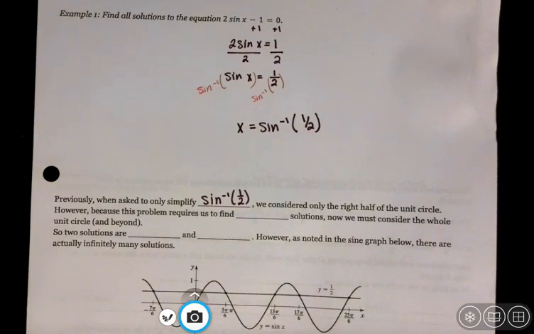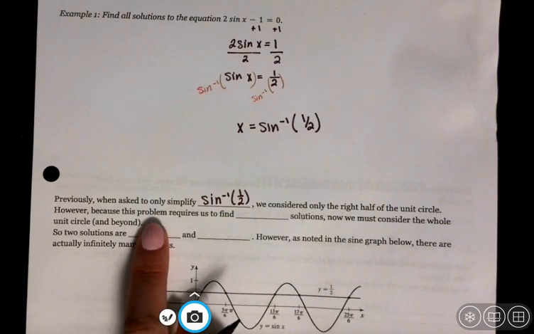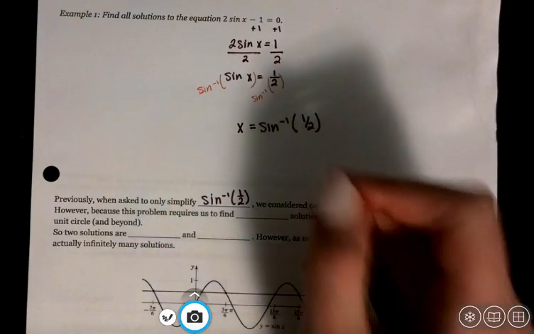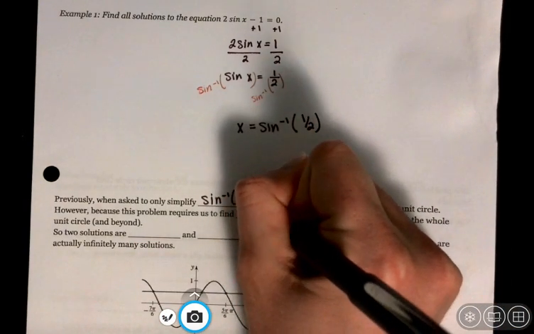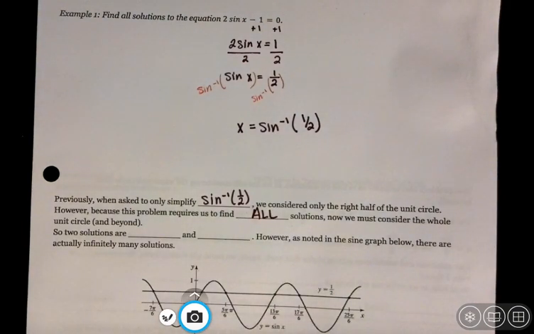However, when we are solving equations, we want to find all of the solutions that are in the solution set. So we have to consider the entire unit circle and anything outside of that, so any coterminal angles as well.